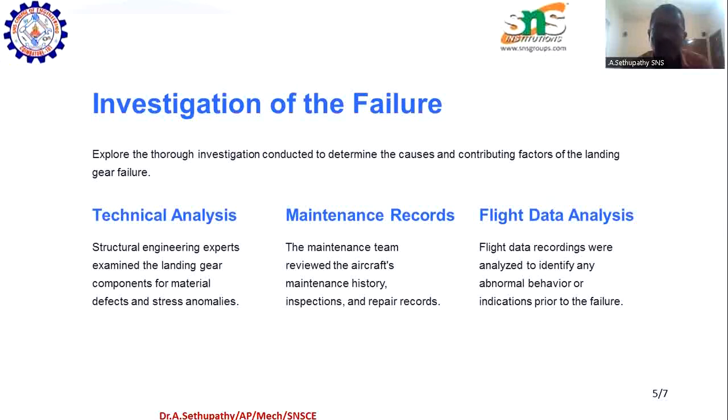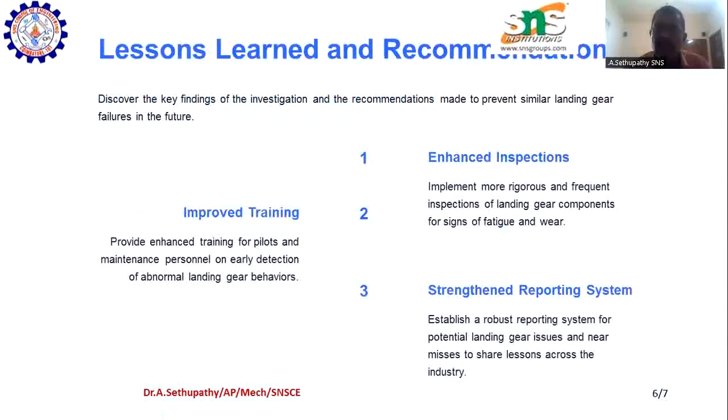Maintenance records: the maintenance team reviewed the aircraft's maintenance history, inspection, and repair records. Flight data recordings were analyzed to identify any abnormal behavior or indications prior to the failure. These are all the investigation reports we prepare after a landing gear failure.